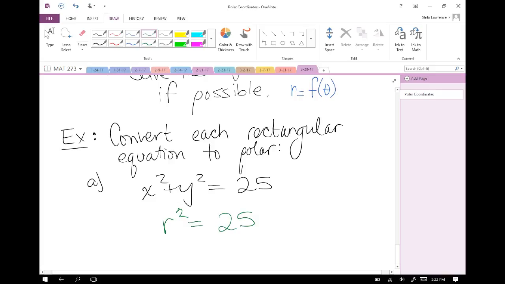Now, when we solve for r, we don't have to do plus or minus on the square root, because since theta is missing, that means there's no restriction on theta. Theta is going to take us all the way around, so I don't have to use positive r's and negative r's. So to solve for r, we got a square root.